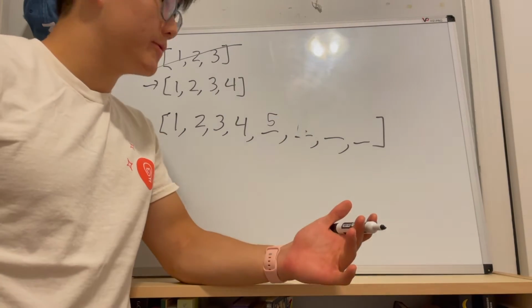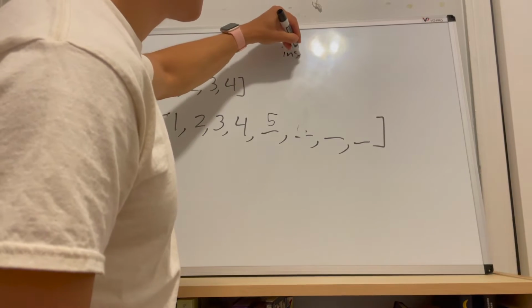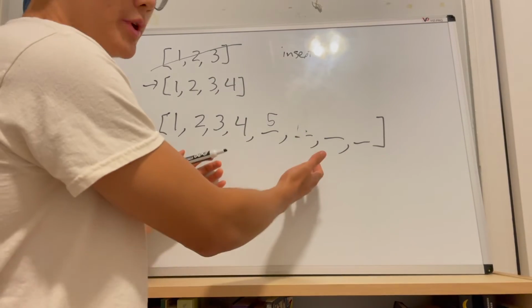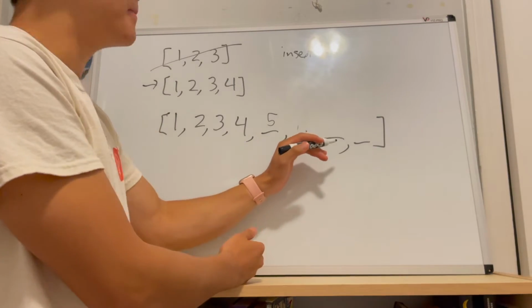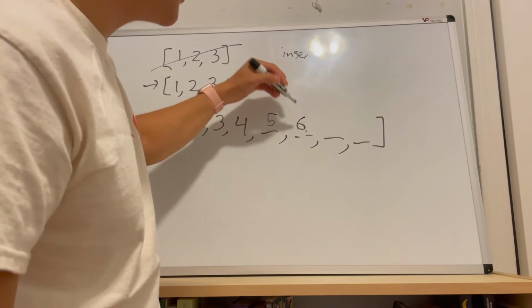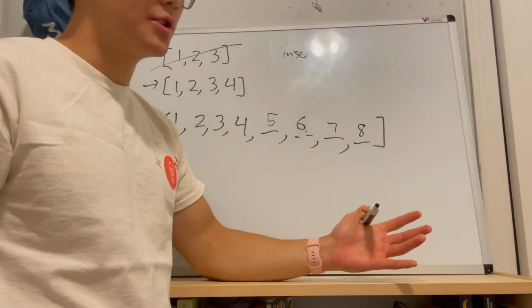So now, most of the time, when we call insert on a dynamic array, it's just going to take one operation. Our array is already big enough, so we can just insert. The only time this is bad is when, let's say I call insert, then I call insert again, then I call insert again, and then I call insert again.